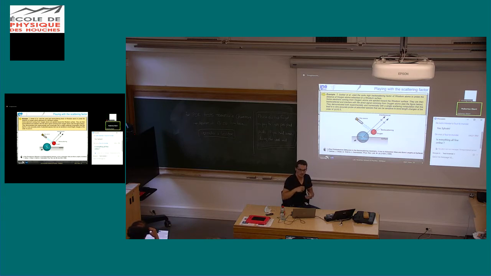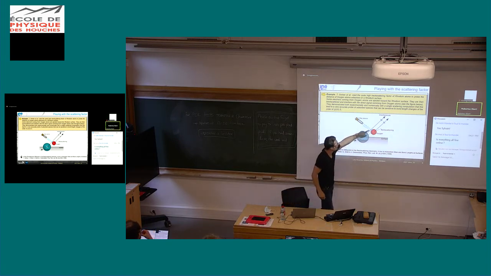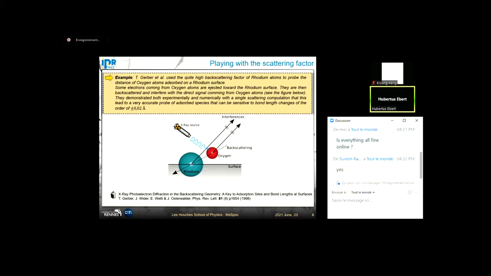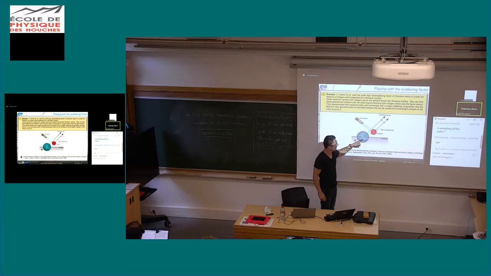Rhodium is a very heavy atom, and even at high energy it has quite a high backscattering factor. So electrons emitted from oxygen towards the rhodium atom have a chance to be backscattered and to interact with directly emitted electrons from oxygen.